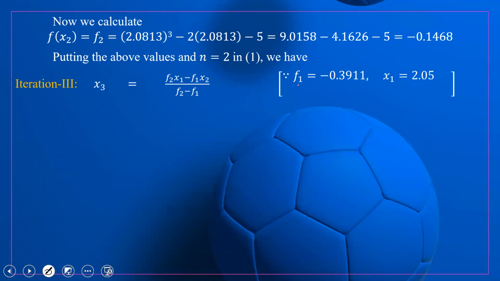Minus 0.3911 and x1 is equal to 2.0588, and f2 is equal to 0.1468. Okay, so we have to take the consecutive values. f2 is equal to minus 0.1468 and x2 is equal to 2.0813.